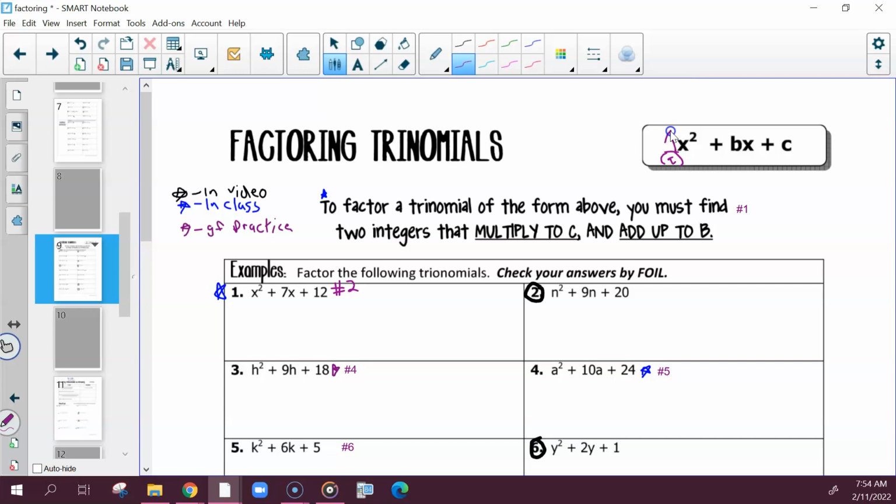When we go to factor this, we need to find two numbers that multiply to be c, but add to be b. So whatever numbers we find, they have to go together.